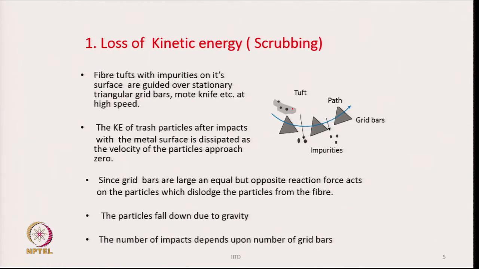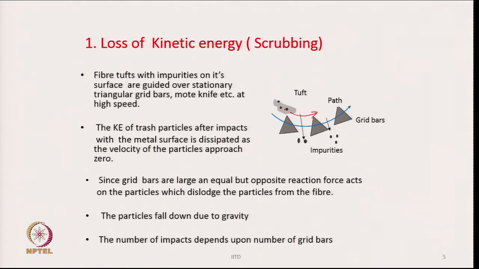at very high speed. So, these tufts are made to pass, and here is a tuft, and these dark dots are representing the trash on its surface. So, the tufts are made to pass over this series of grid bars at a very high speed, and the pointed edge is acting against their path. As a result, what will happen? There will be a series of impacts between the trash particles and the grid bars.